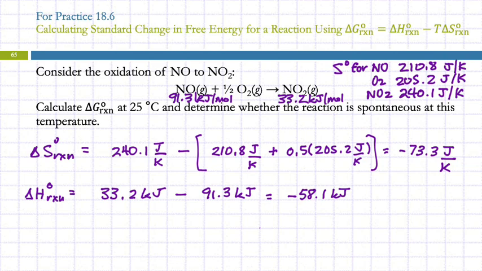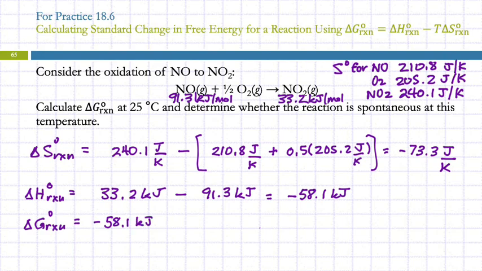Okay, so we've got delta H and we've got delta S. Now we can calculate delta G. Delta G for the reaction is equal to delta H, negative 58.1. So we need to decide here, are we going for joules or kilojoules? Yeah, what they said.